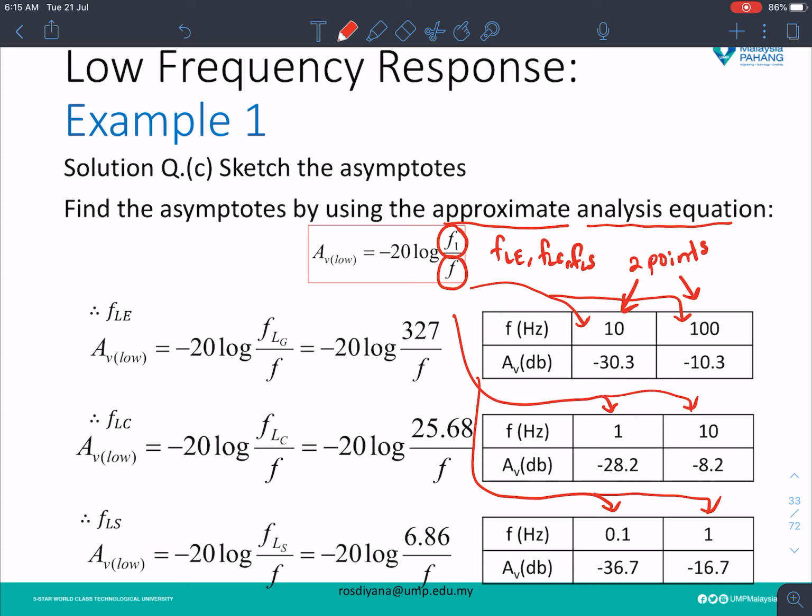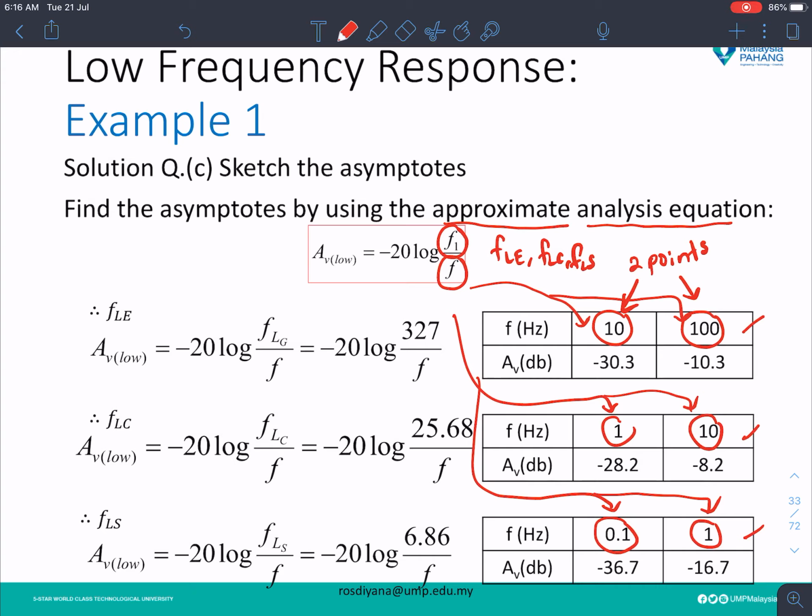Can you see why the frequency value for the FLE here is different from the FLC and FLS? Here is 10, 100, 1, 10, 0.1 and 1.